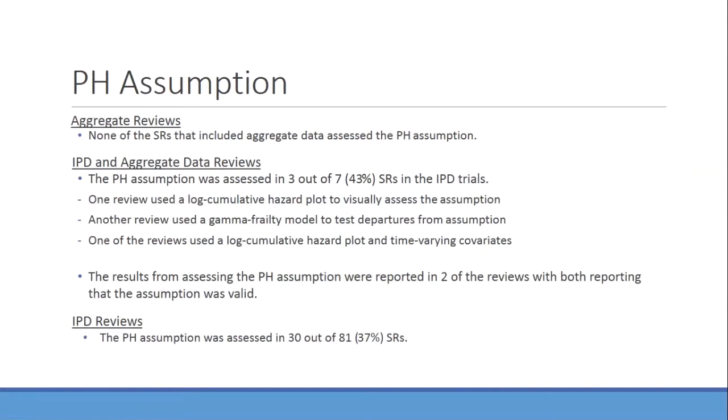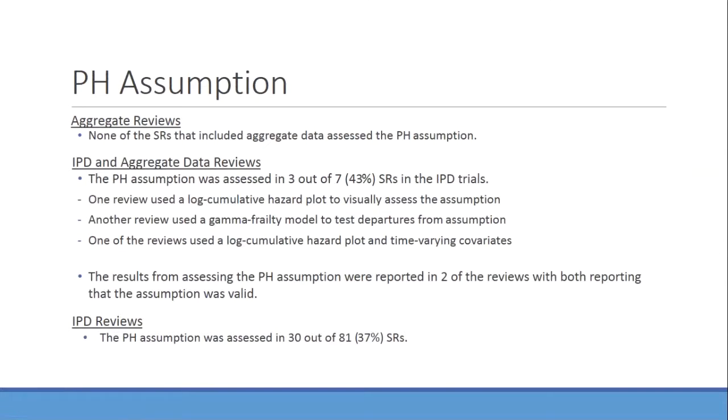So for one of the reviews, they visually assessed the assumption using a log cumulative plot. For another review, they used a gamma frailty model to test departures from assumptions, formally testing the assumption. And for one of the reviews, they again visually assessed the assumption using a log cumulative hazard plot, followed by including time-varying covariates in the Cox model to formally test the assumption.